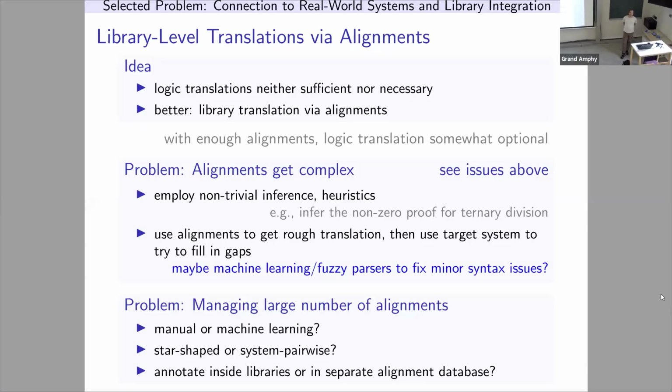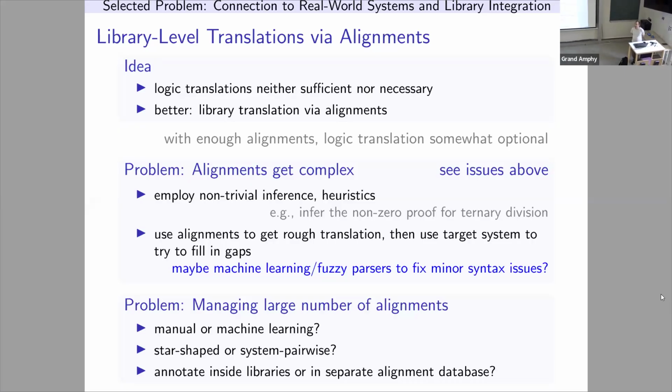And a translation from, say, the Isabelle library to Lean or whatever might be able to completely ignore the fact that those are different logics. Coming up with a logic translation from Isabelle to Lean is what most people would see as a natural first step.